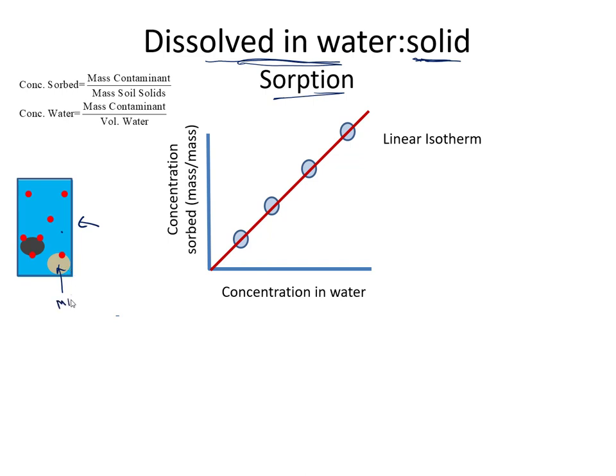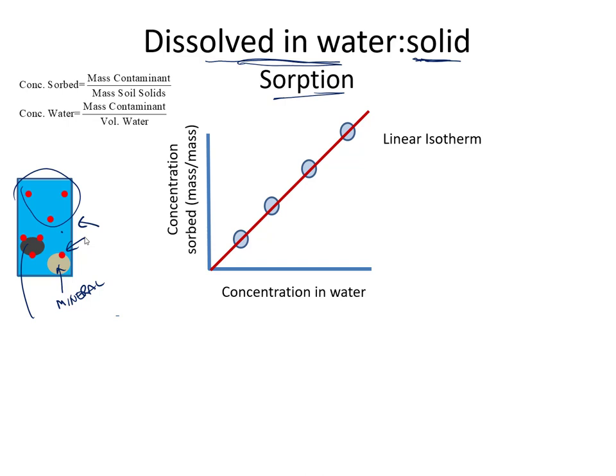That would be a solid mineral phase, and then we've got some carbon here that is shown schematically, and then we've got some dissolved compounds, and here these compounds are sorbed onto the surface of the solid right there.